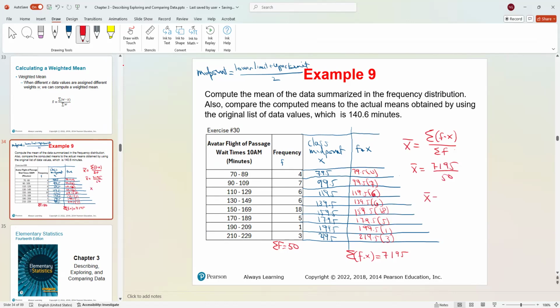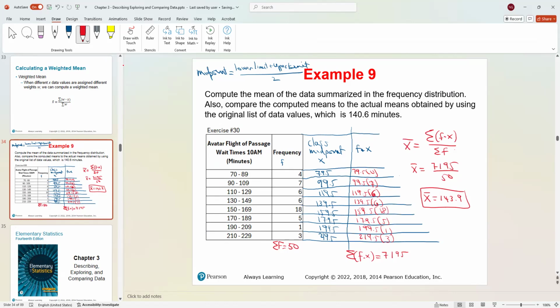If we divide that by 50, it gives you 143.9. That would be the mean of the frequency distribution, right? Which is very close.